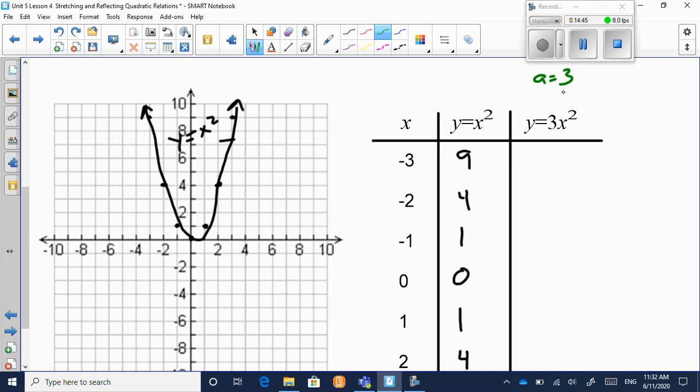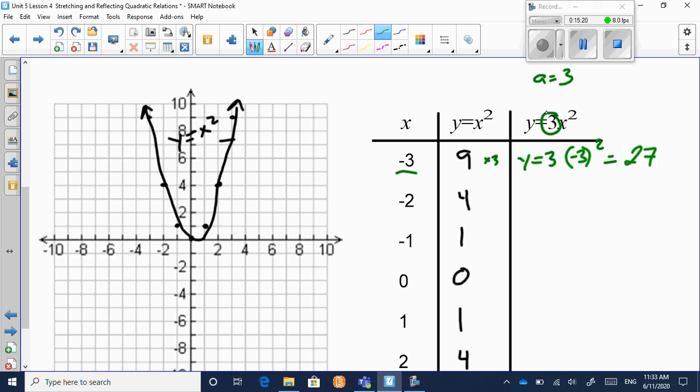Okay, well, essentially, what we're going to do here is that it's going to be 3 times the value there, because watch this, y is equal to 3 times negative 3 squared. Well, you've got to do the exponent first, so negative 3 squared is 9, 3 times 9 is 27. So basically, having the 3 there is just doing this value times 3.